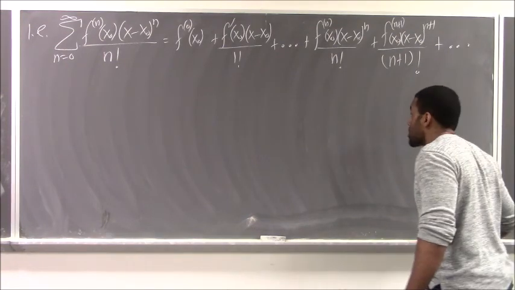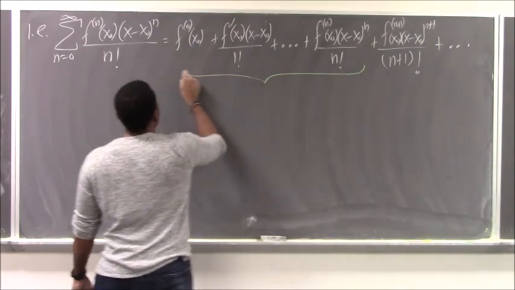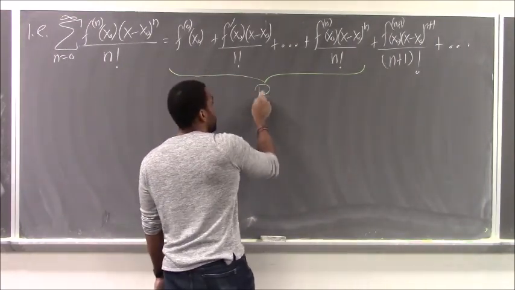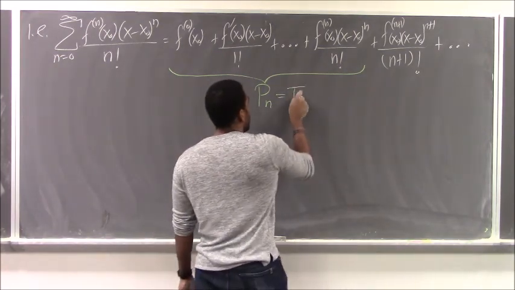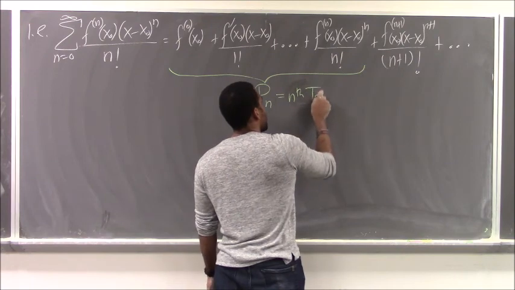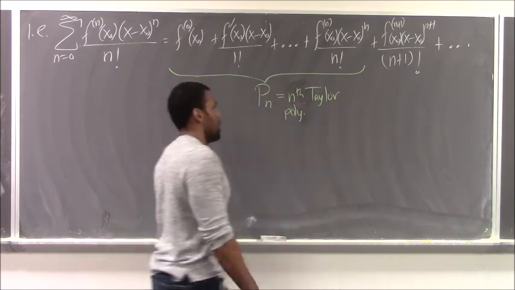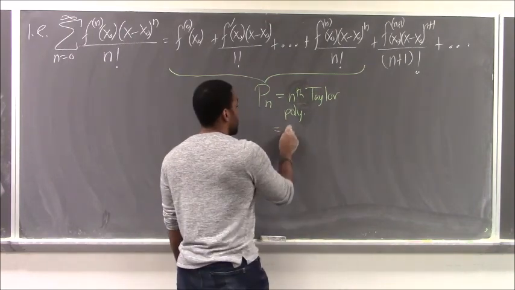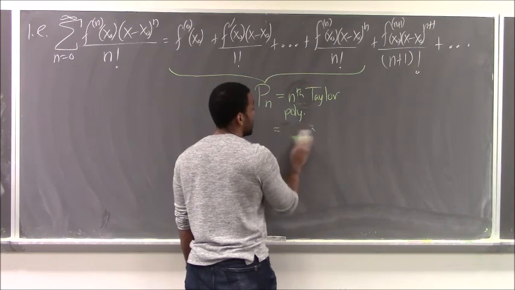And the first part, up to the nth term, is called the Taylor polynomial, p sub n. This is equal to the nth Taylor polynomial, which is essentially the nth partial sum, or n plus first partial sum.